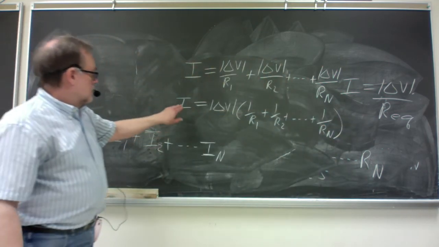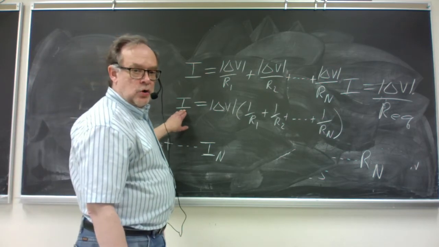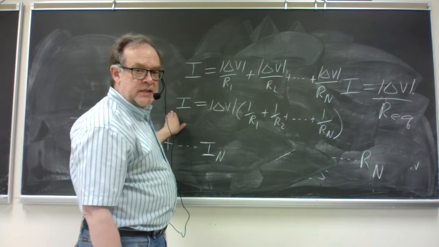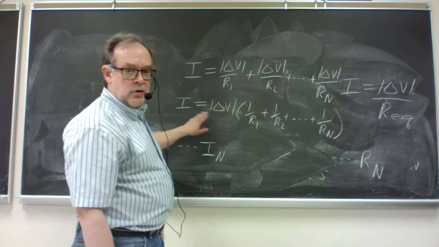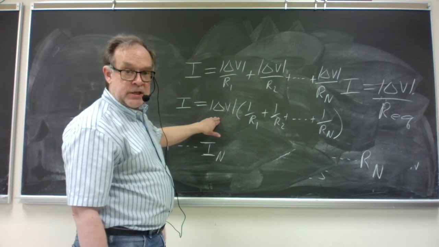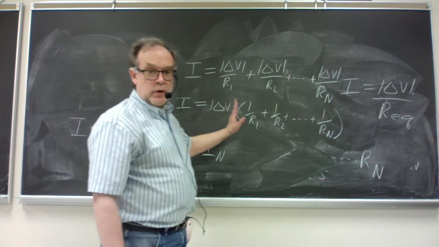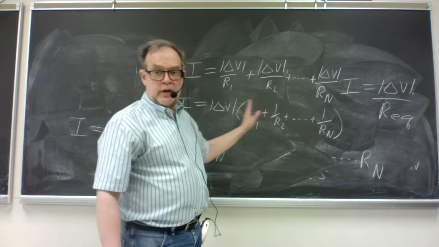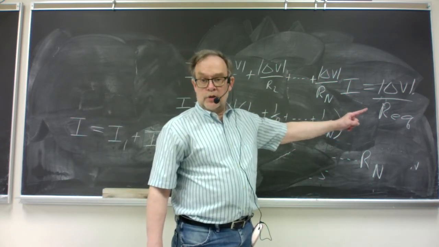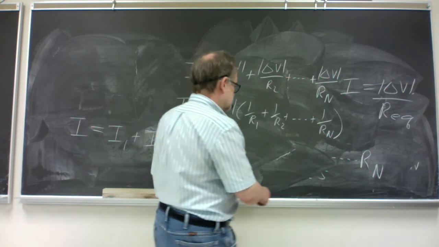Okay. You get the same current from the same potential difference, whether you have this complicated network of n resistors or you have just one equivalent resistance.